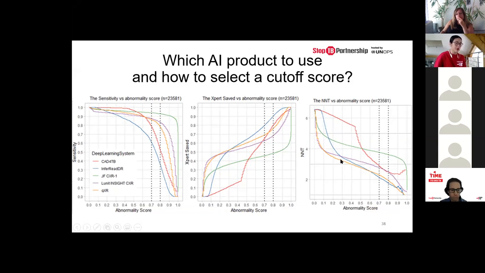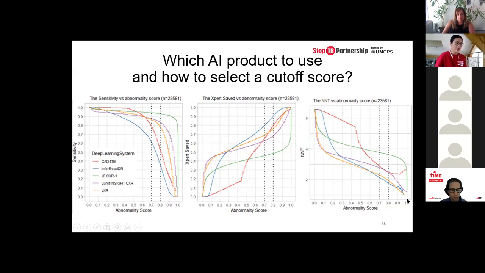A similar story with NNT. The purpose I'm showing this schematic is to illustrate that for implementers, without understanding how the model works, it's extremely important to look at, here I picked the 3 matrices, sensitivity, GeneXpert, and NNT, against each cutoff score.